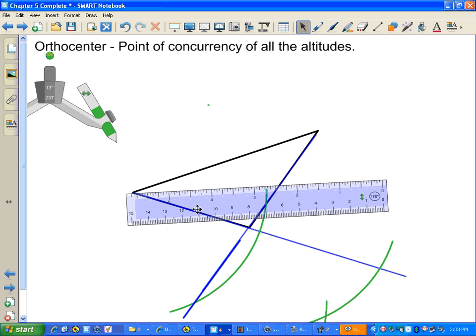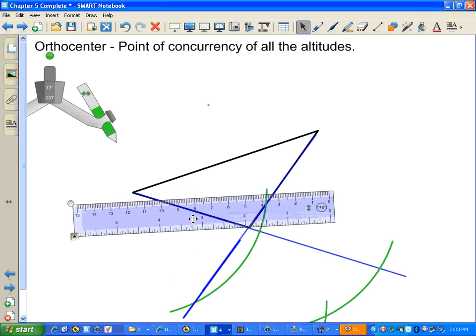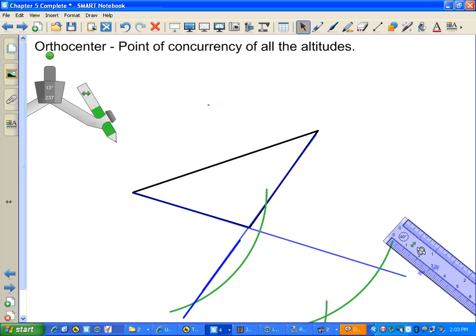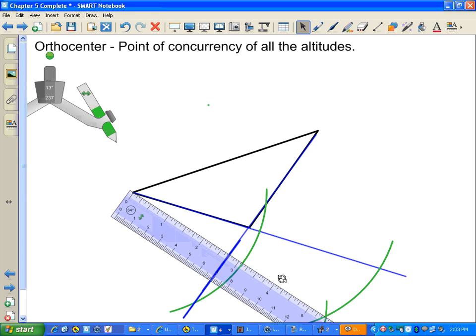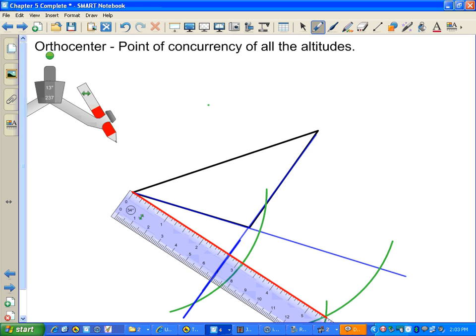And then I can connect those. We'll do all our altitudes in red so we can pick them apart here. There's one altitude, so that means this is a 90-degree angle here.